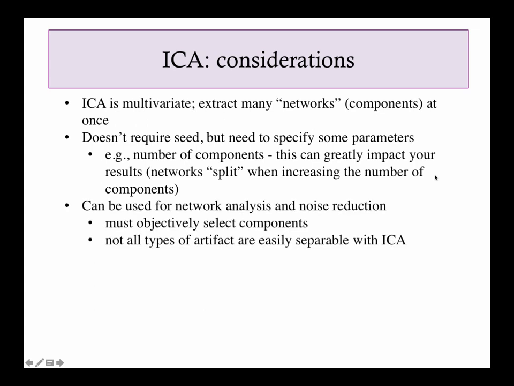ICA can be used for both network analysis and noise reduction, as we just discussed. It's still also tricky to compare results of ICA between different subjects and groups, and this is not completely straightforward, but there have been several techniques developed by the fMRI community to try to handle some sorts of multi-subject analyses, one of which is called dual regression.